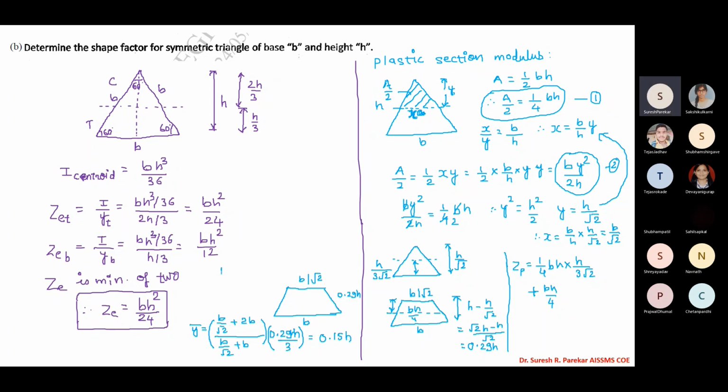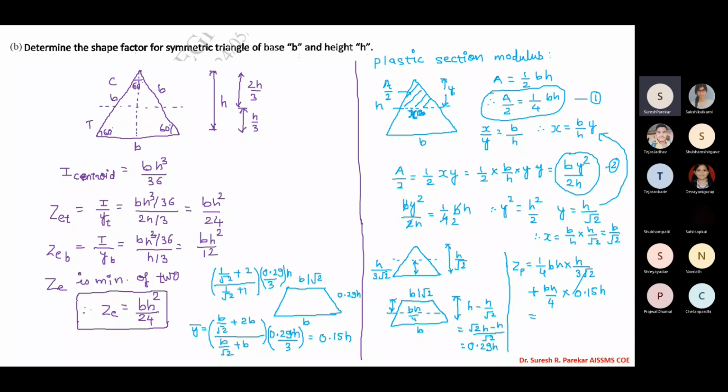So it is 1 by root 2 plus 2 divided by 1 by root 2 plus 1, into 0.29 by 3. B cancels and only H remains. So into 0.15 H.